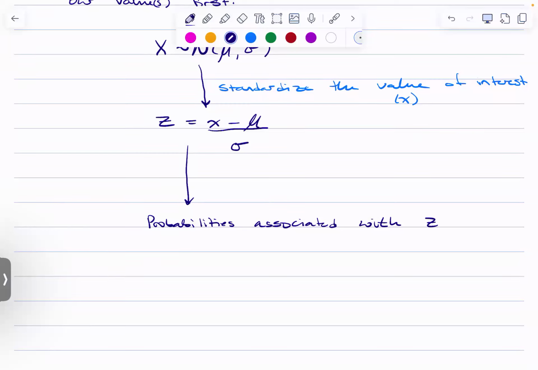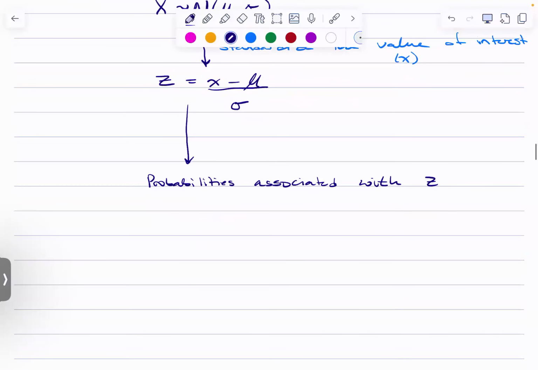And so the probability that you find associated with the Z is going to be the same probability for X, for Z or X. And this is using the Z table, or software.